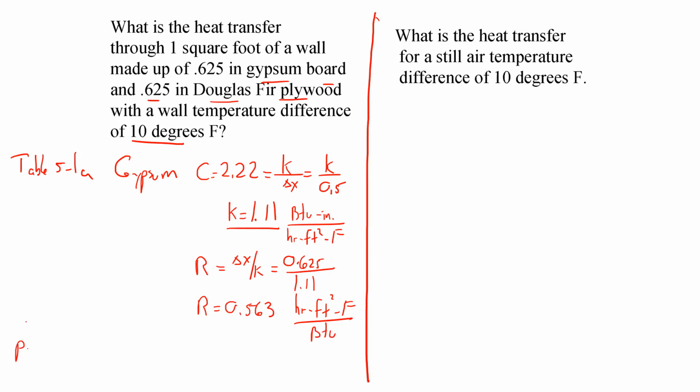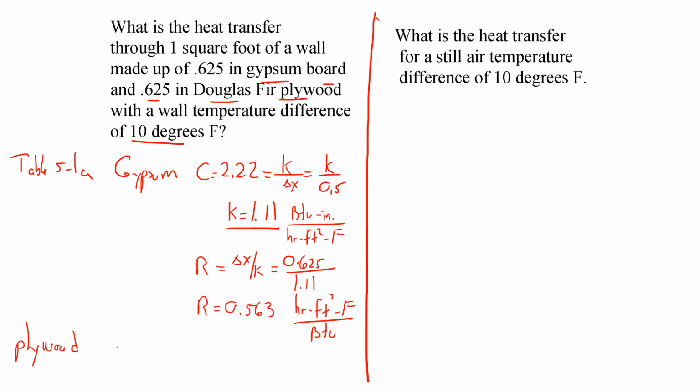Okay, so next we're going to look at the plywood. If we look at Douglas fir plywood, it's still table 5.1. The thing to do is to find where on the table it is. It's right under gypsum. You can see that it has a lot of different thicknesses.